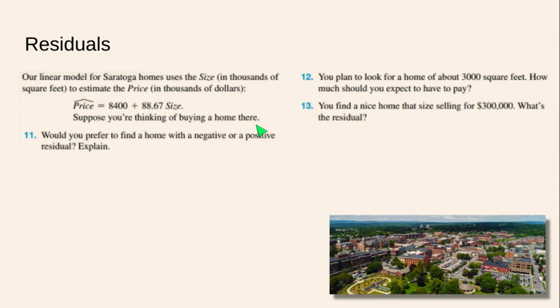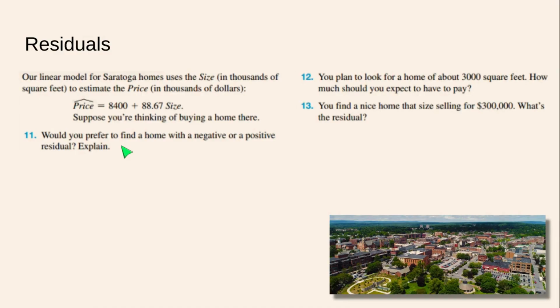You feel like it must be a place where statisticians are destined to go, so you might as well look for a home there. Would you prefer to find a home with a negative or positive residual? All right. Would you prefer a negative residual or a positive residual? Think about that equation for residual. Pause the video and unpause when you want to check your answer.